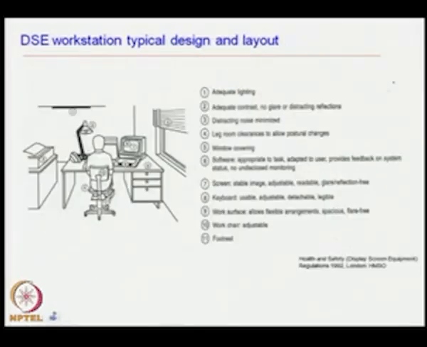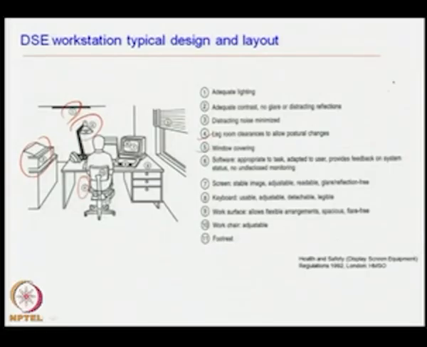Now, from this again we can talk about a typical design workstation and layout. Number 1 is adequate lighting sources, number 2 is localized light source, adequate contrast, no glare and distracting reflections, number 3 is distracting noise minimized, number 3 this printer etc. Number 4 is leg room clearance to allow all these things, number 4 this region.